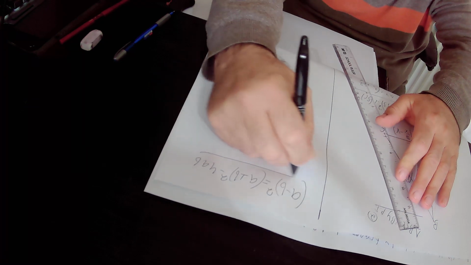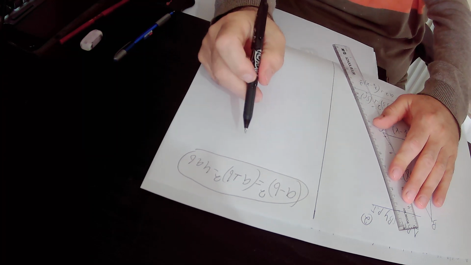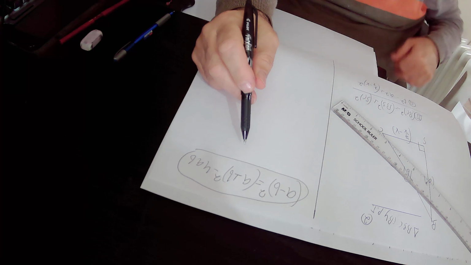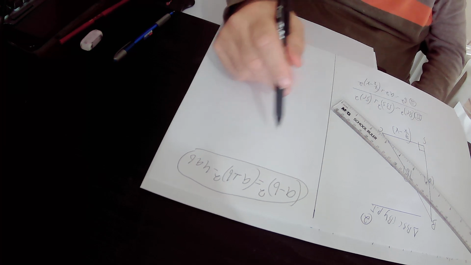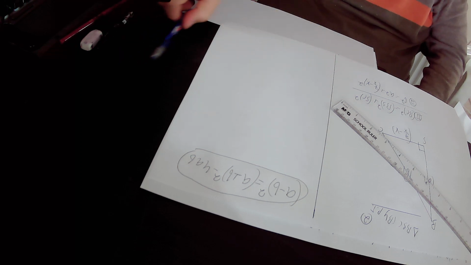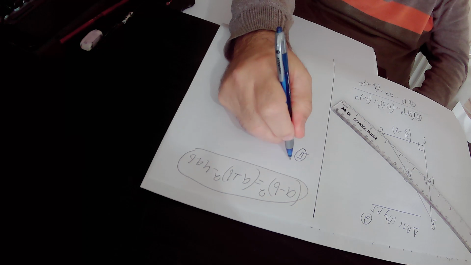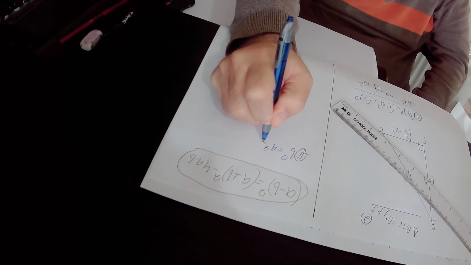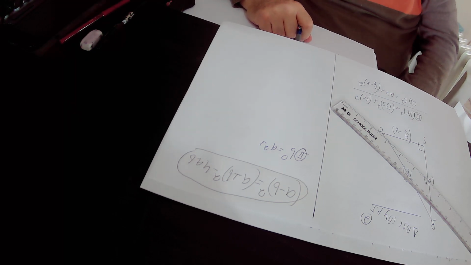Okay, repeat again. (a minus b) squared equals (a plus b) squared minus 4 times ab. According to this algebraic identity, we have here equation 2: B squared equals A squared plus (7 over x minus x) squared.